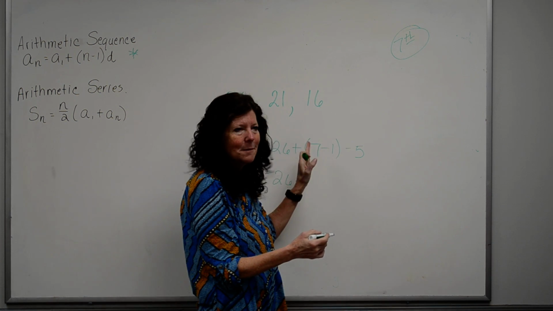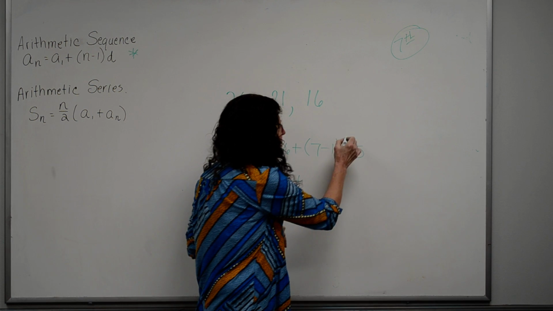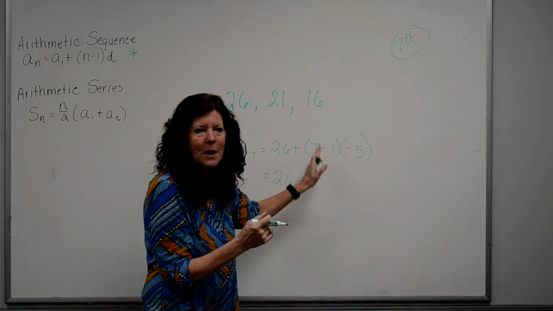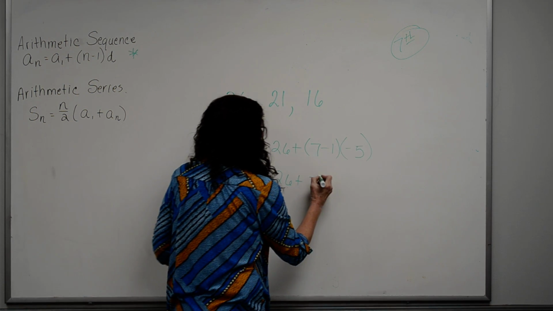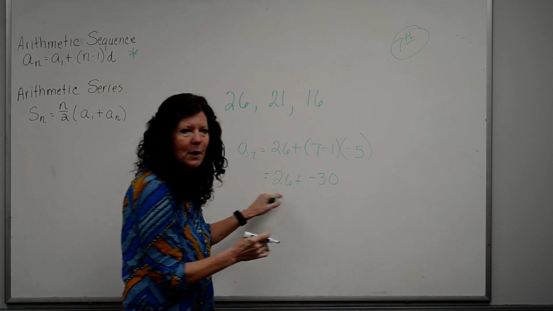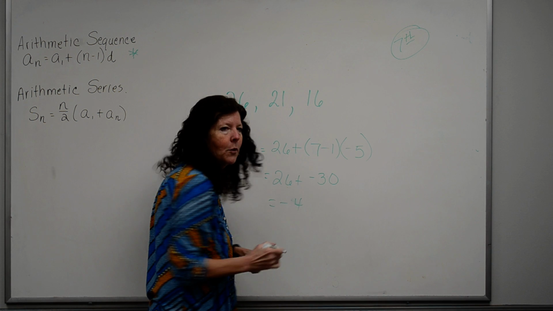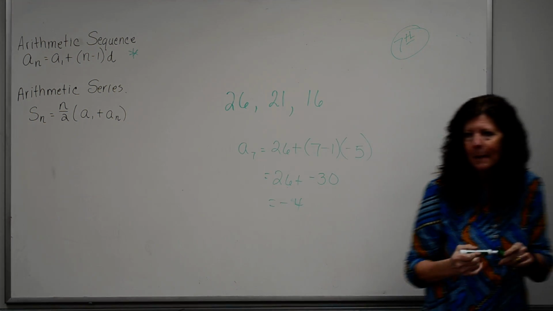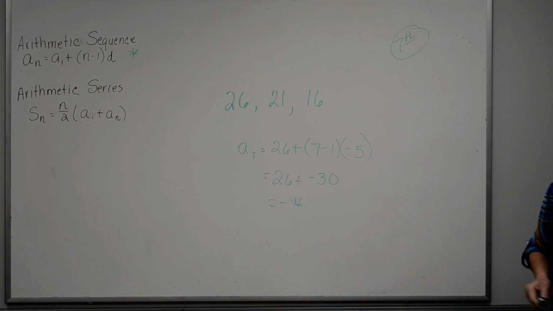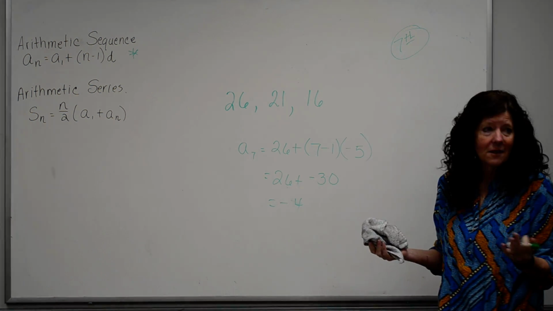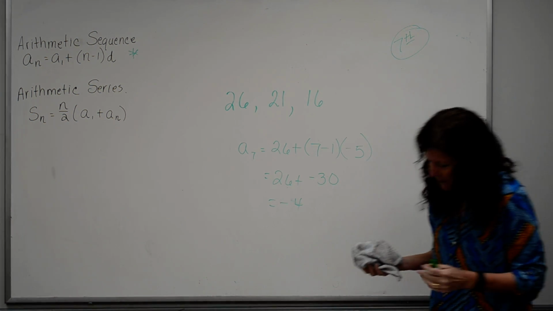You might be tempted to go 6 minus 5. No, that's multiplication. So it's 6 times negative 5, which is a negative 30, which when I add to the 26, I'm going to get a negative 4. Okay, does that make sense? It's almost boring because it's the same thing every time, and I find that boring in math.